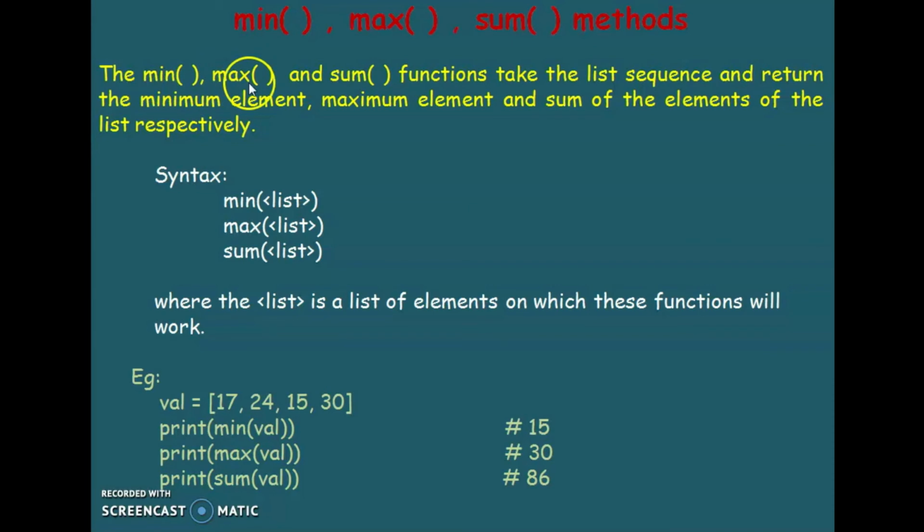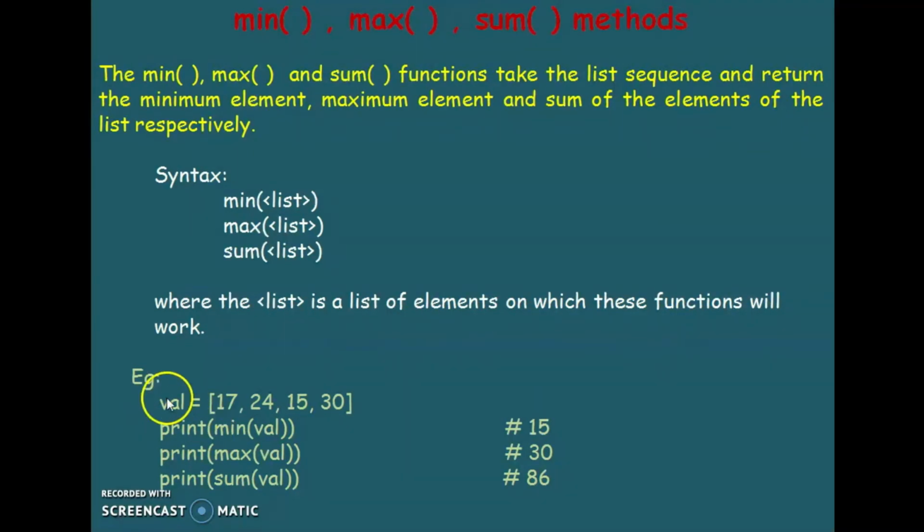The min, max and sum functions take a list and return the minimum element, maximum element and sum of the elements of the list respectively. The syntax is min, we can pass one list. Max, we can pass one list. Sum, we can pass one list, where the list contains the elements on which these functions will work.